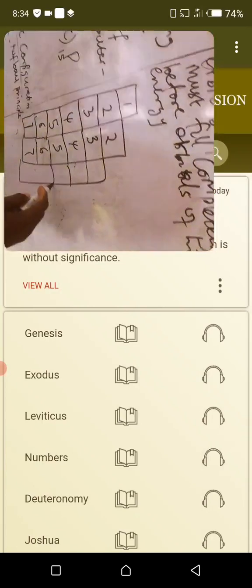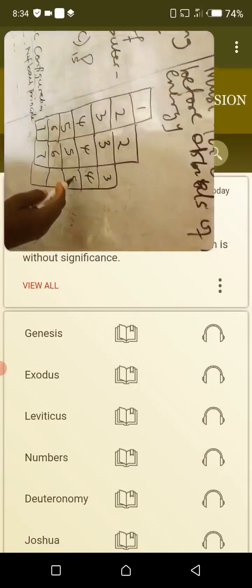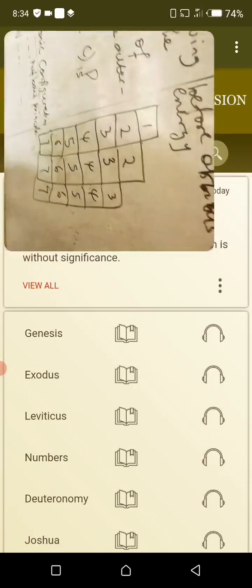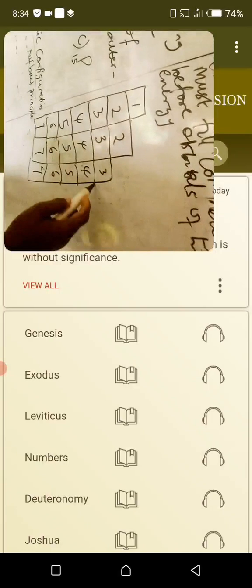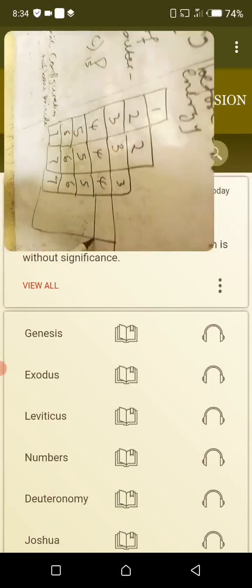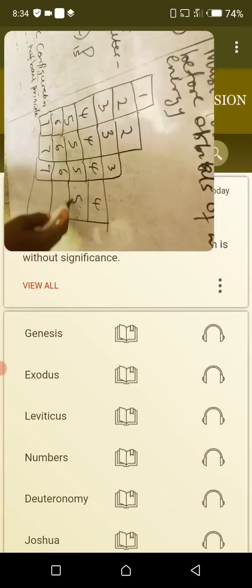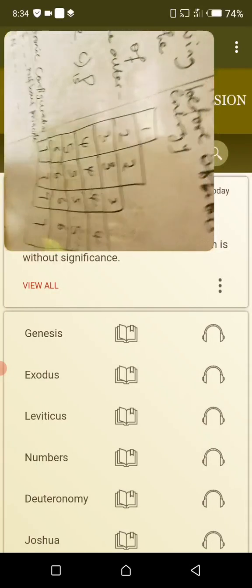Number it 3, 4, 5, 6, 7. Start from the fourth line down again. Number it 4, 5, 6, 7.